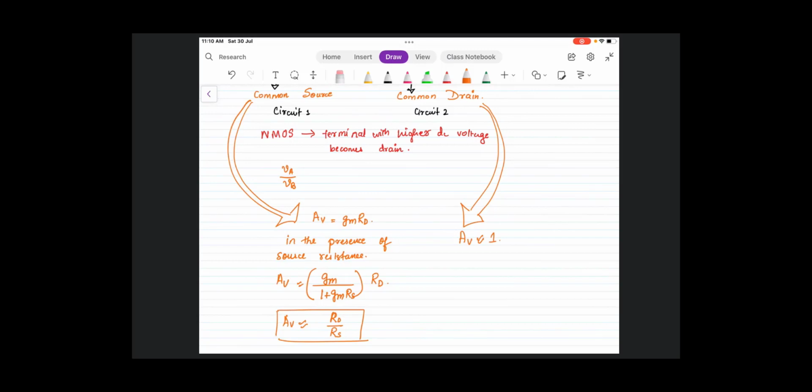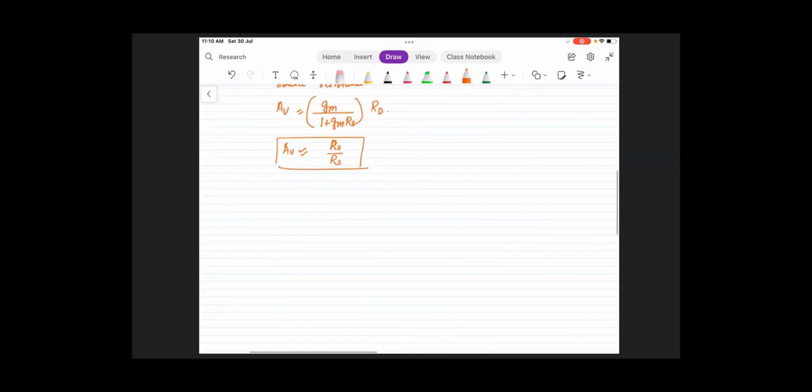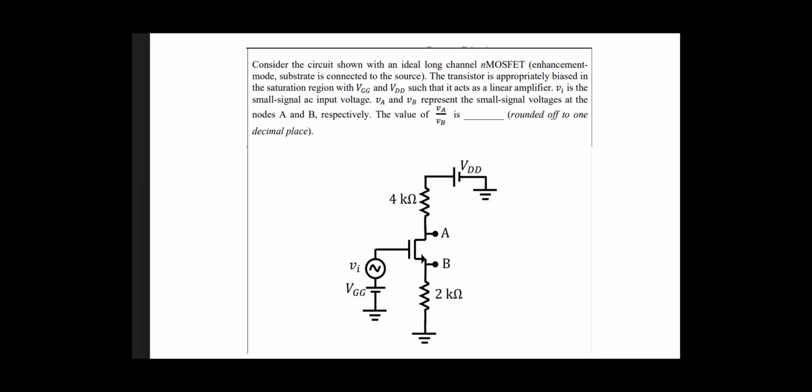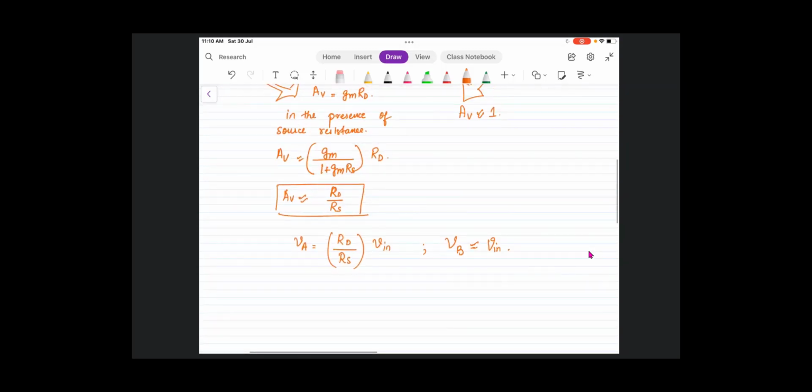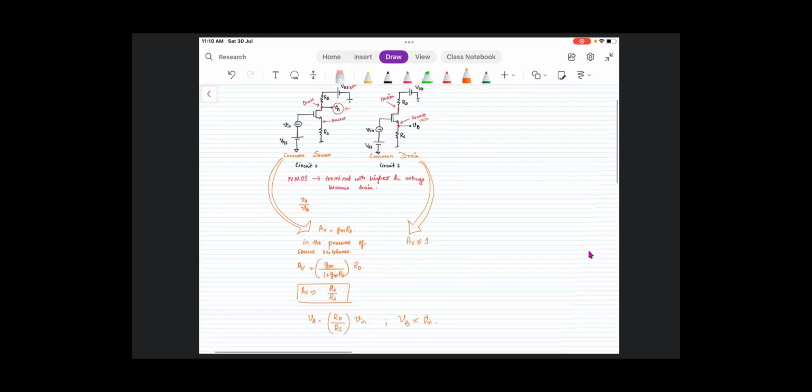Therefore, for the circuit given in the question, we can say that VA is equal to RD upon RS times Vin, whereas VB is approximately equal to Vin itself, because the voltage gain is 1. So you can see what I have written here.